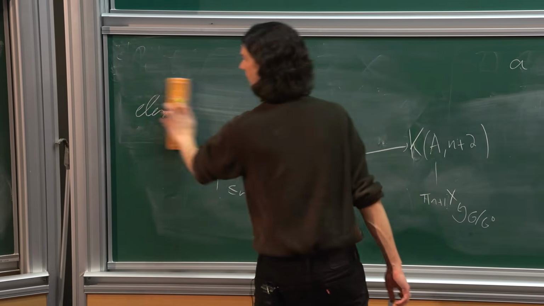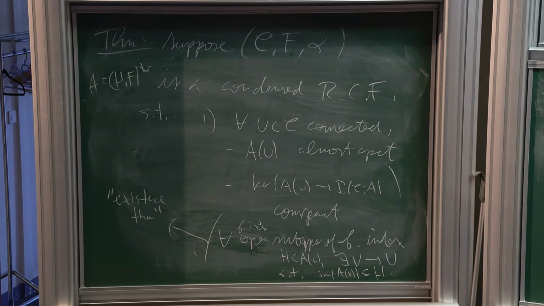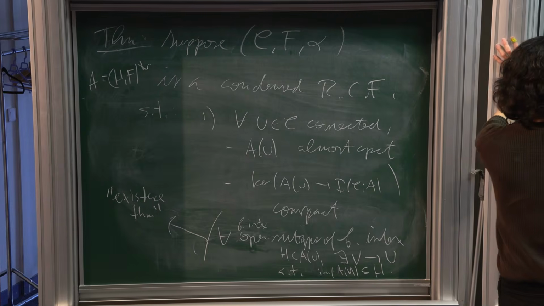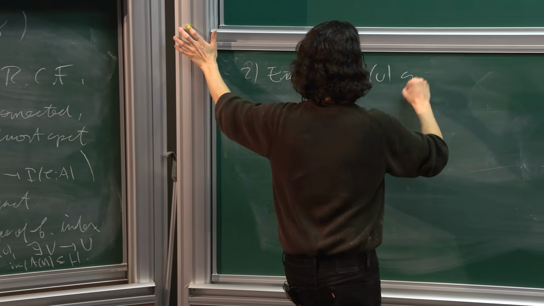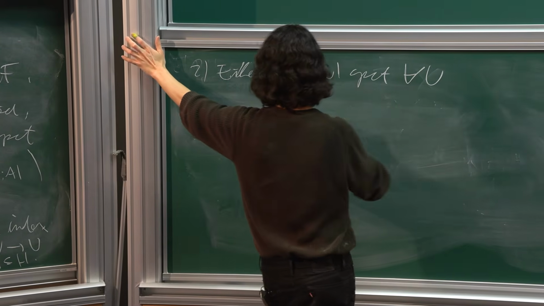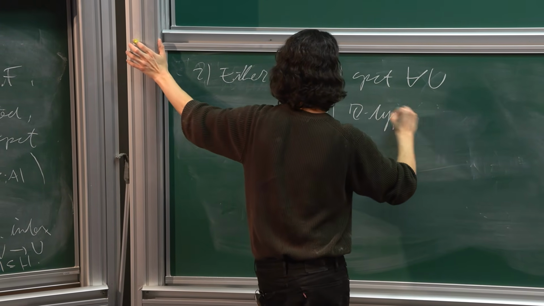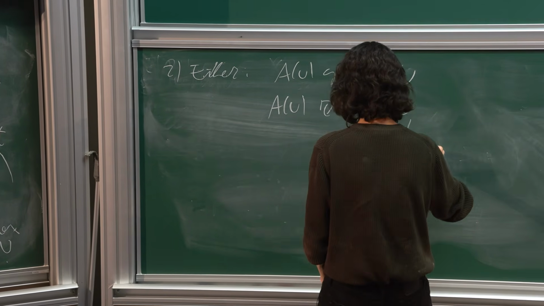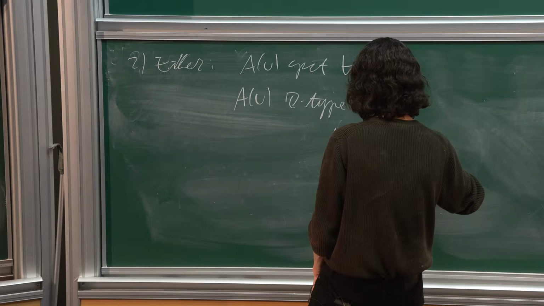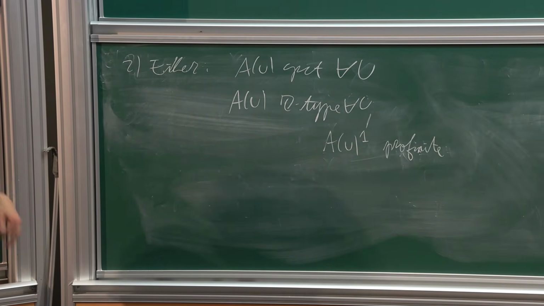And then I also have some technical things. So either A of U is compact for all U, or A of U is Z-type for all U, and the kernel of this is profinite. I don't want to have to deal with other connected things in the Z-type.